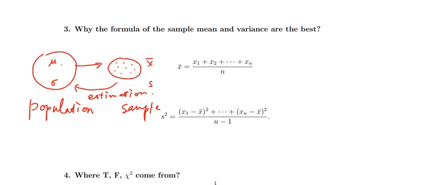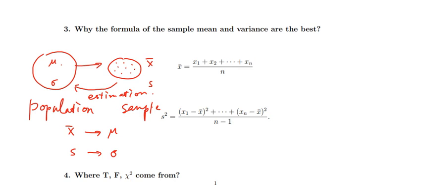So we can ask how to estimate this mu. We use the sample mean to estimate the population mean, and for this sigma we use the sample standard deviation to estimate the population's standard deviation. Right? So we have this formula. x bar is just x1 plus x2 plus ... xn divided by n.